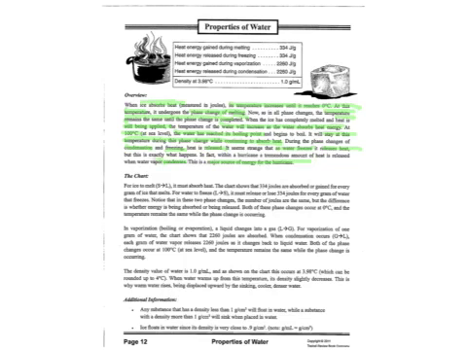The chart. For ice to melt from a solid to a liquid, it must absorb heat. The chart shows that 334 joules are absorbed or gained for every gram of ice that melts. For water to freeze, going from a liquid to a solid, it must release or lose 334 joules for every gram of water that freezes.